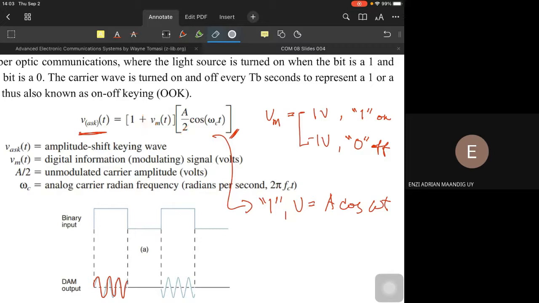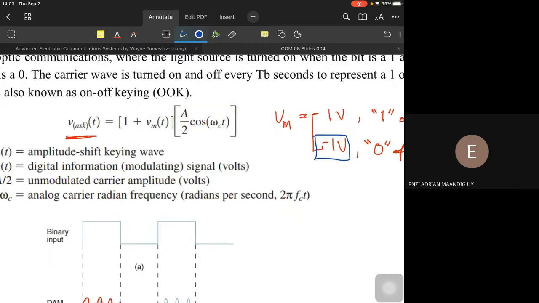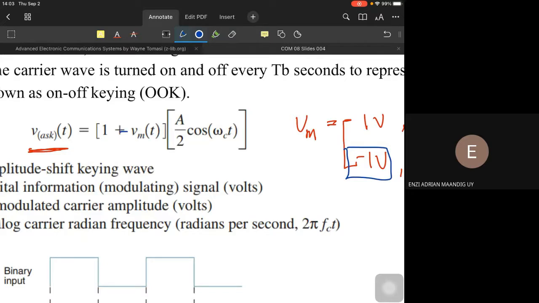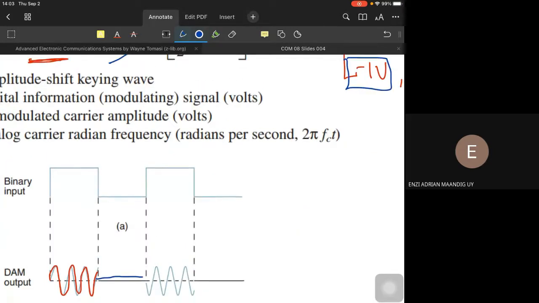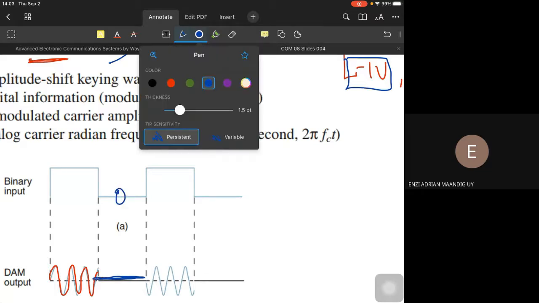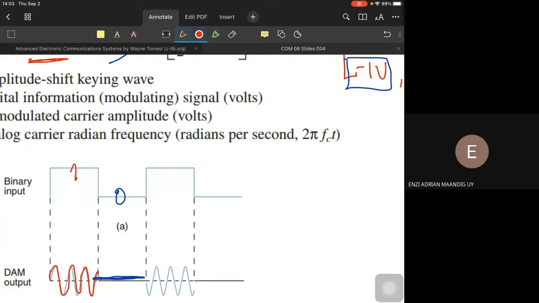If 0, remember, if 0, negative 1. So, replace the equation here with negative 1. So, 1 minus 1, 0. 0 times A over 2 cosine omega t is 0. So, for logic 0, it's 0. So, walang logic 0. Logic 1.